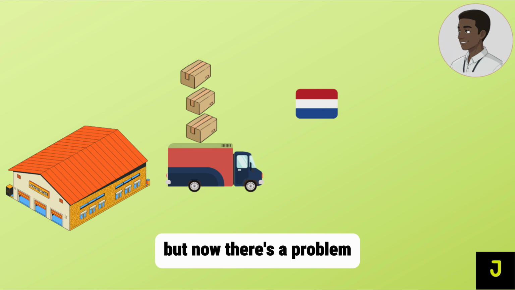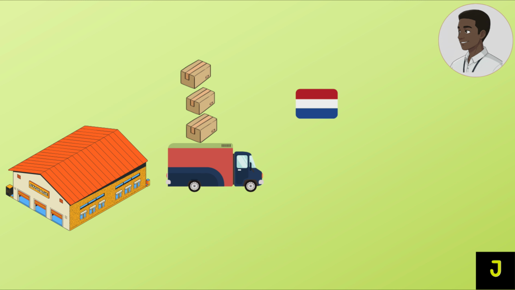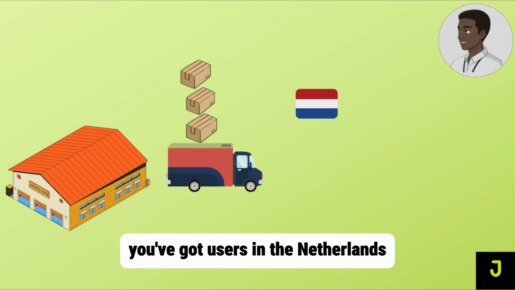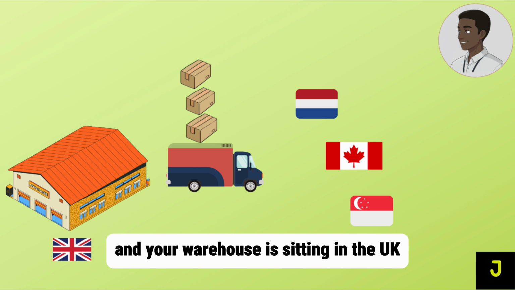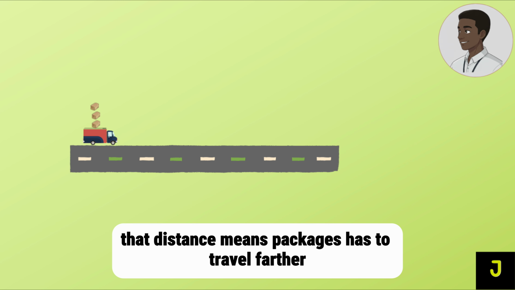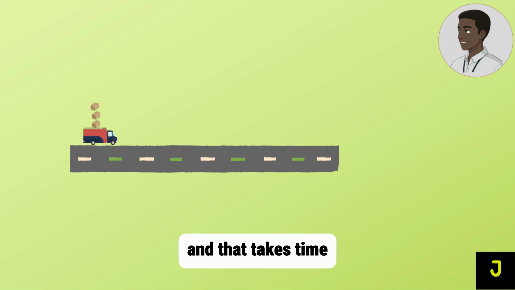But now there's a problem. You've got users in the Netherlands, Canada, and Singapore, and your warehouse is sitting in the UK. That distance means packages have to travel farther, and that takes time.